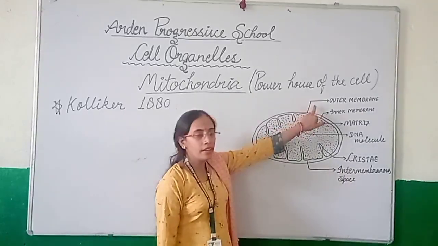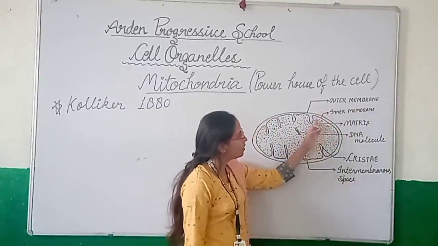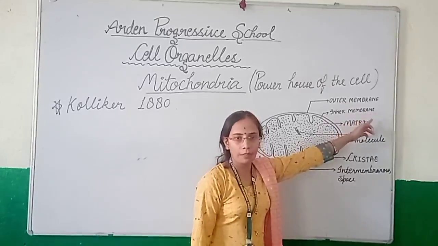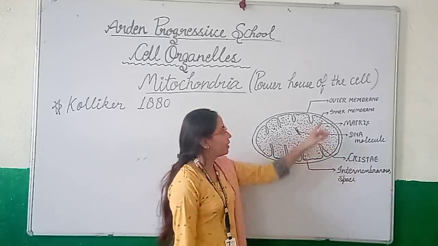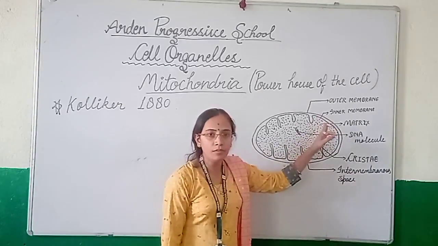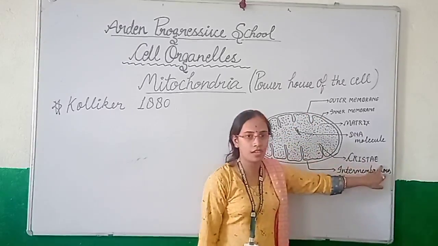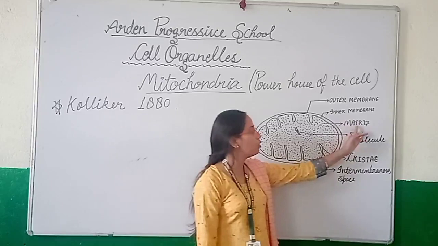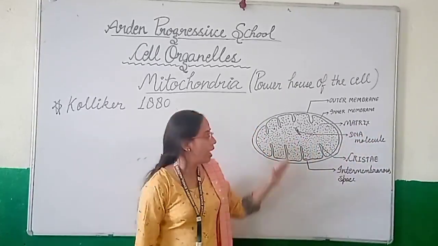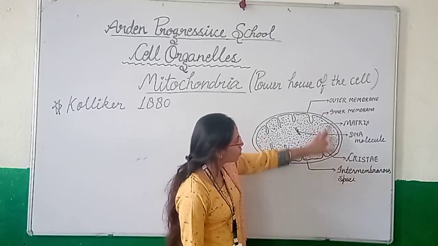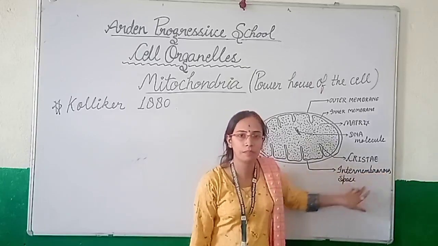The outer layer is known as the outer membrane, and the inner layer is known as the inner membrane. The outer membrane is very porous in nature, and the inner membrane shows enfolded finger-like projections that are known as cristae. The matrix is present all over the mitochondria, in which the DNA molecule is present, and the space between the outer membrane and the inner membrane is known as the intermembranous space.